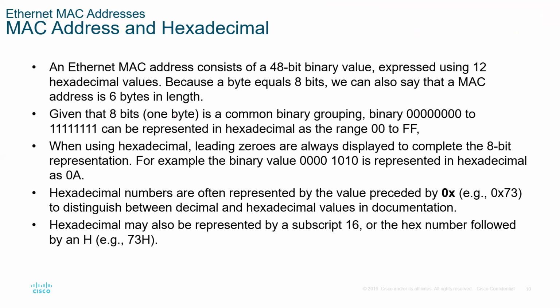All right, given that 8 bits, 1 byte is a common binary grouping, from 8 zeros to 8 ones, can be represented in hexadecimal as the range of 00 to FF. So as we did with number systems, if you have a binary number like this one, how do you convert it to a hexadecimal?